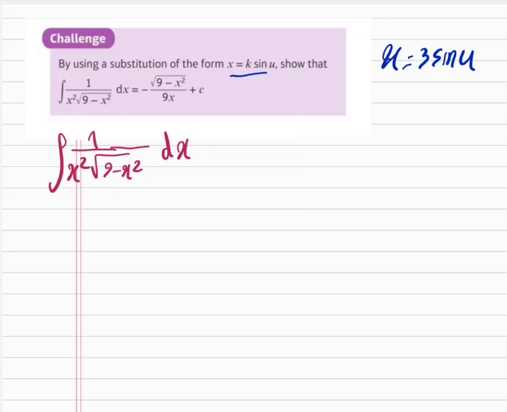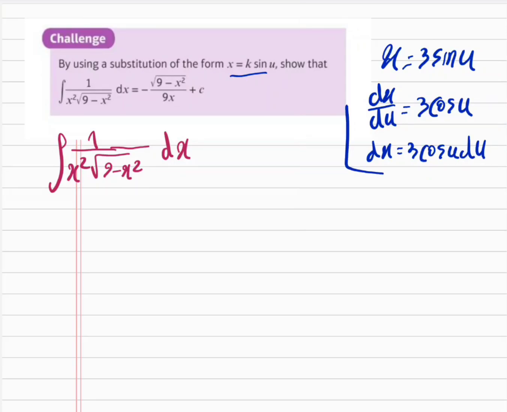Okay, so now let x be 3 sin u, and we first differentiate this, which gives 3 cos u, and then rearranging gives us 3 cos u du.